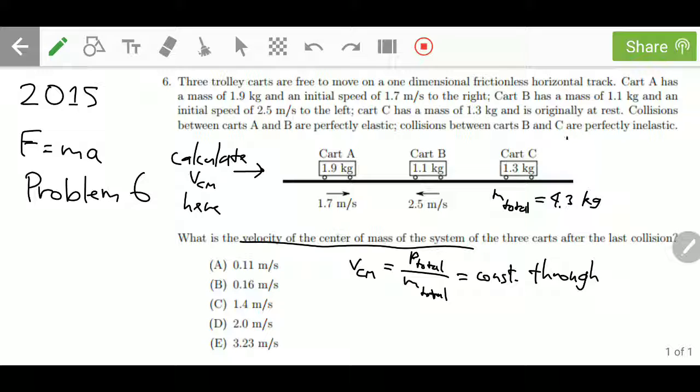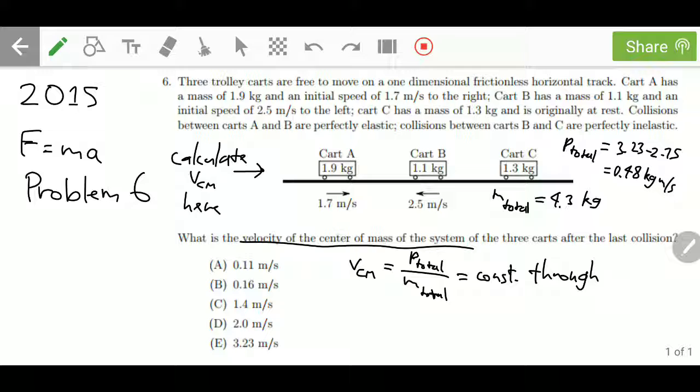And the total momentum, in kilogram meters per second, will be 1.9 times 1.7, and that is 3.23, and then minus 1.1 times 2.5, so I'll get minus 2.75, and this is all in kilogram meters per second, and so that will be 0.48 kilogram meters per second.